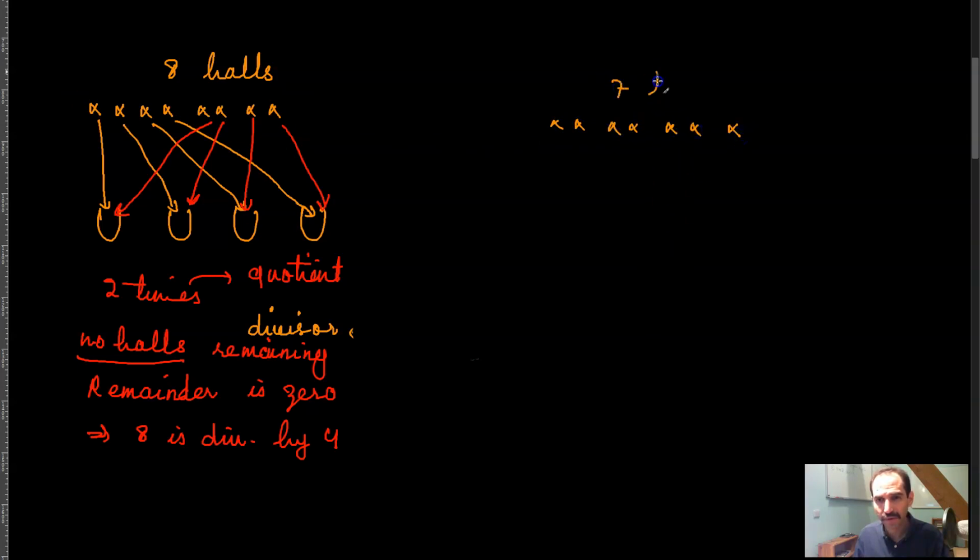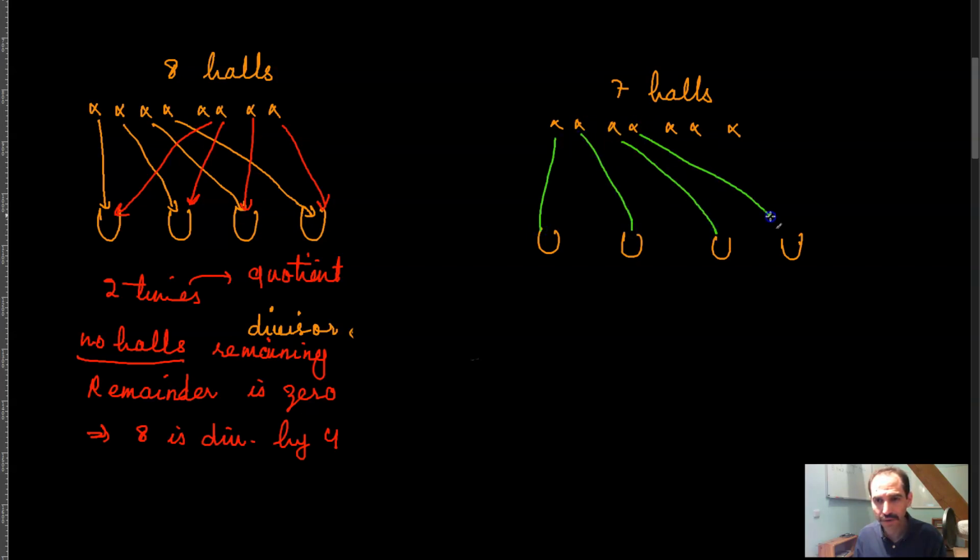I have 7 balls here, and I have the same number of bags, 4 bags: 1, 2, 3, and 4. If I want to put these balls evenly into these bags, one ball goes here, another ball goes here, another ball goes here, and another ball goes here. So the process could be done 1 time completely.